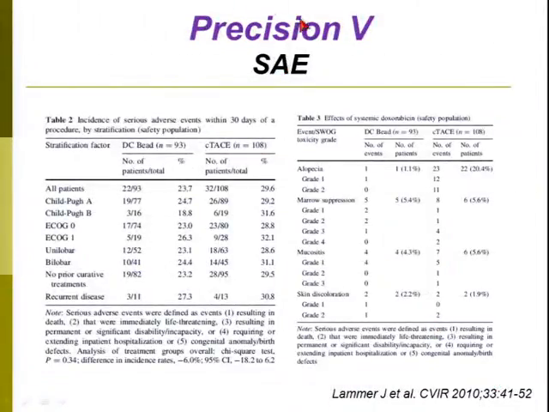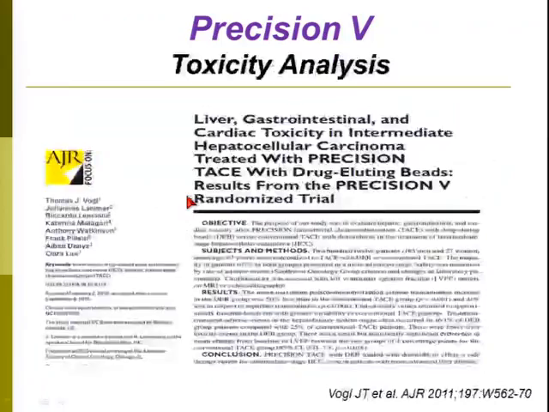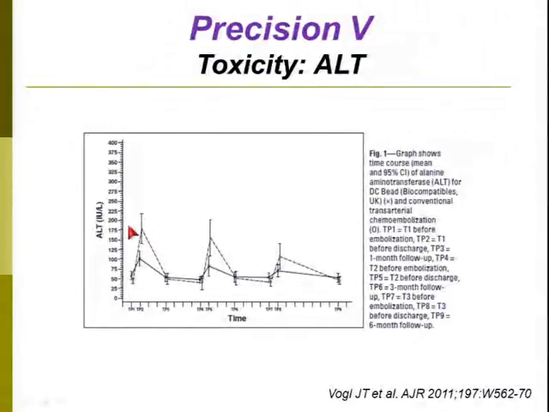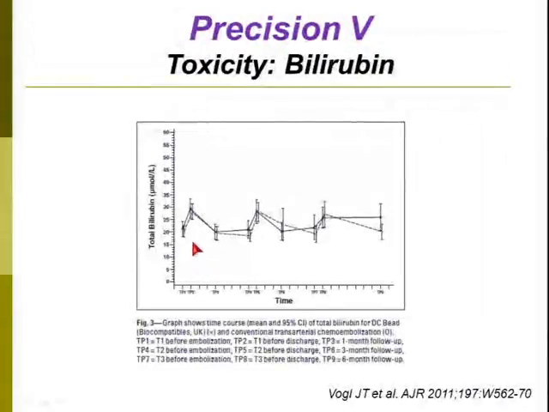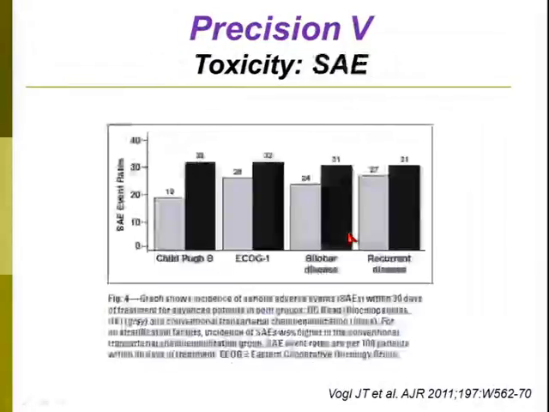In severe adverse events, alopecia was significantly higher in the conventional TACE group. Other complications were quite similar. The toxicity is separately analyzed by another paper. Liver enzyme elevation was significantly higher in conventional TACE, but bilirubin level was the same.